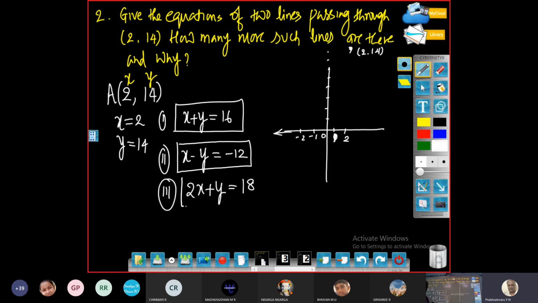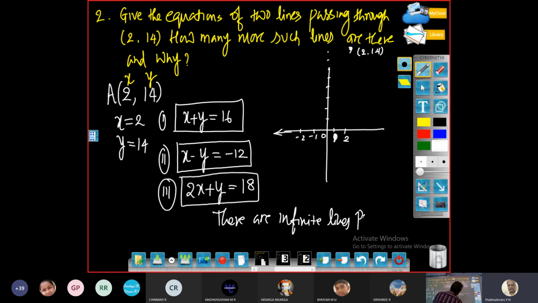So how many such equations are possible? Infinite number of equations. There are infinite lines passing through A, that is 2, 14.